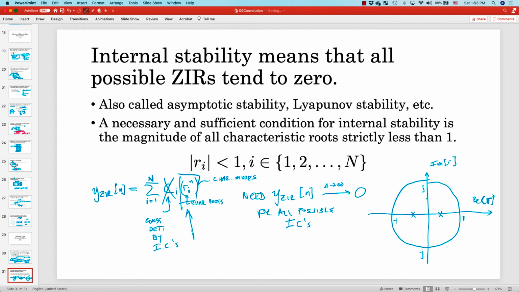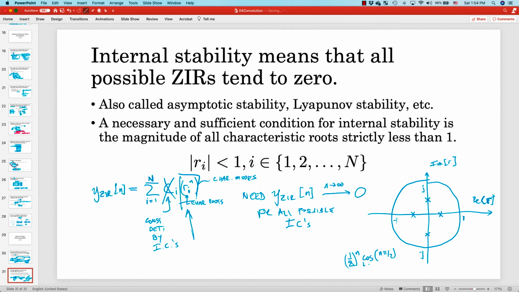If I have roots on the imaginary axis, that corresponds with sines and cosines, but they have a magnitude out in front that is going to be damping them over time. So these two x's, these two poles, will lead to damped oscillatory modes. These are going to be things like 1/2 to the n times cosine of n pi over 2.